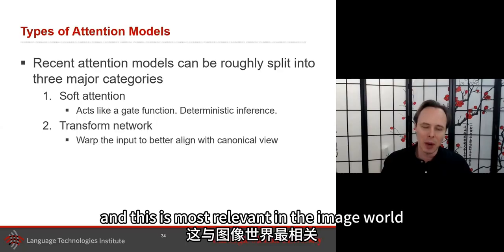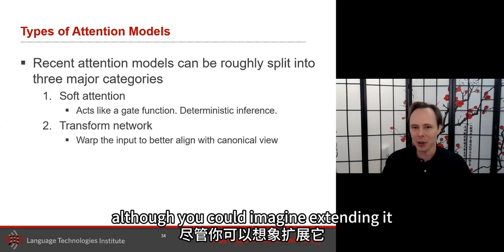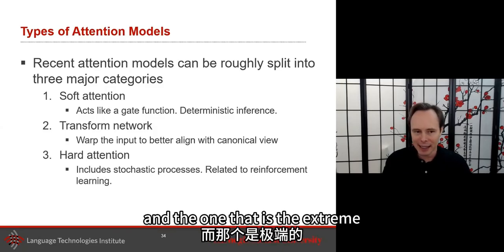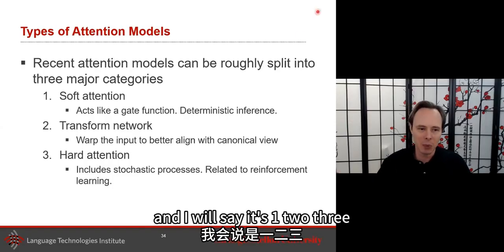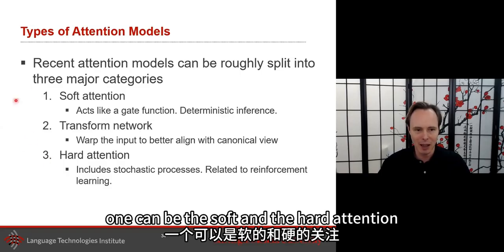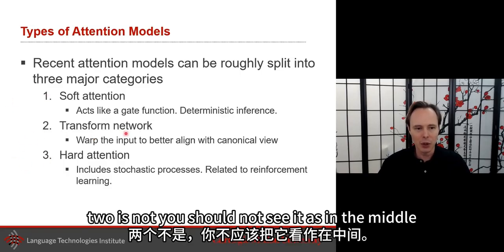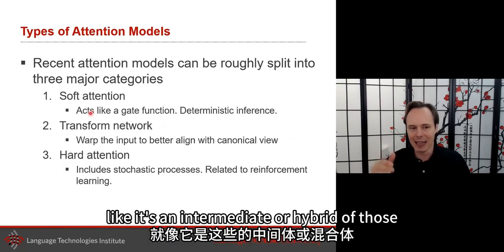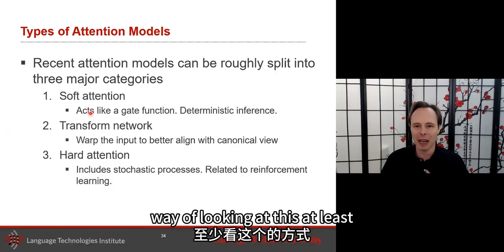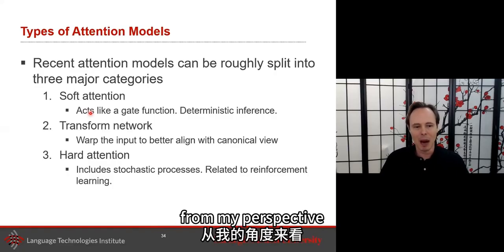This is most relevant in the image world, although you could imagine extending it to language and multimodal. And then the extreme one. I'll say it's 1, 2, 3. 1 and 3 are definitely related: one can be the soft and the hard attention. 2 is not, you should not see it as in the middle, an intermediate or a hybrid of those. Number 2 is really a separate way of looking at this, at least from my perspective.